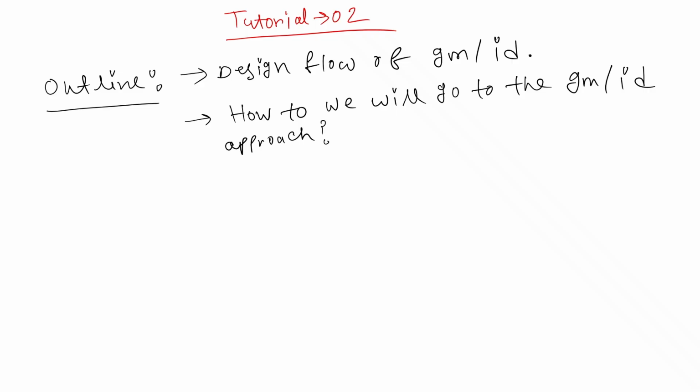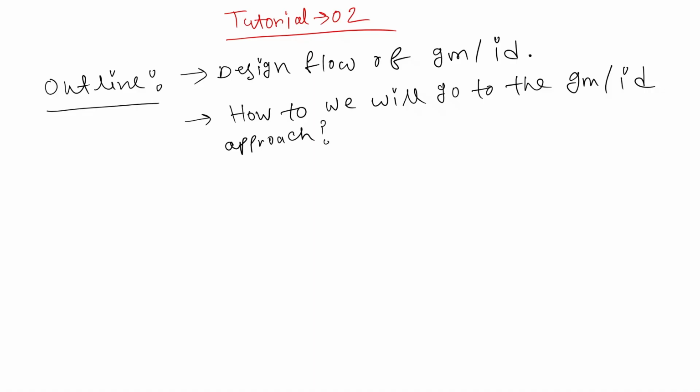To overcome this, we introduced the GM over ID technique, a practical design method based on real transistor data, offering better accuracy, good power accuracy and reliable performance parameters. So let us discuss the first outline, that is the design flow of GM over ID.